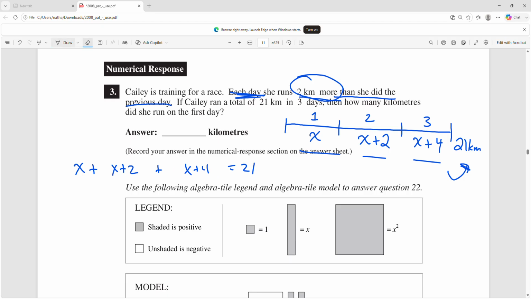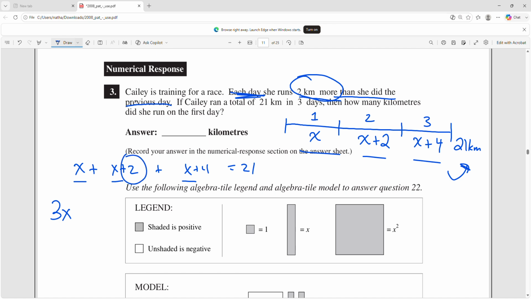Okay, so I'm just adding. I'm going to collect like terms. I have 1x, I have 2 x's, I have 3 x's. So I'm going to add those together and I get 3x. And then I've got my constants. 2 plus 4, I got 6, is equal to 21. Now we can just solve this equation. So 3x, I'm going to bring my 6 over here.